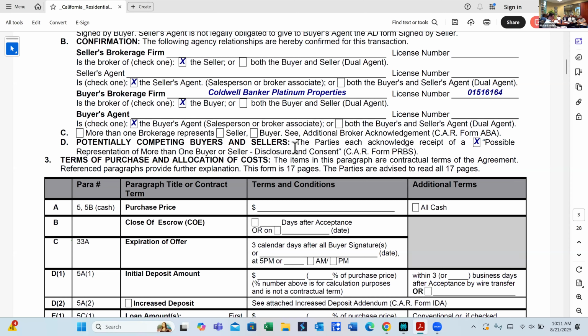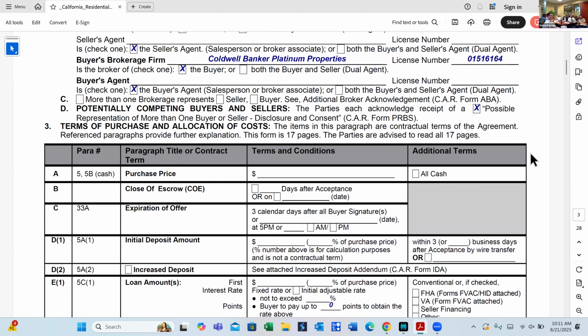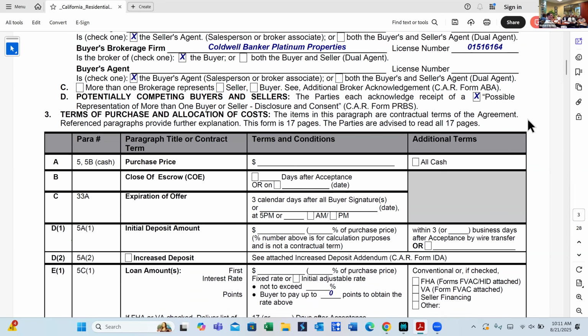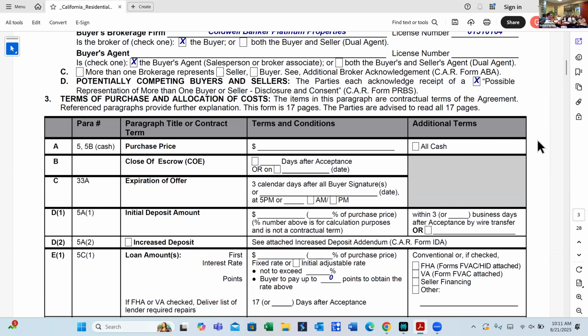Likewise, I may have multiple buyers who are interested in your property. So that's what the PRBS is doing. It's nothing more than a disclosure, and it doesn't encumber anything or cause any concern from my perspective. But it's something you'll be having the buyer and or seller sign.